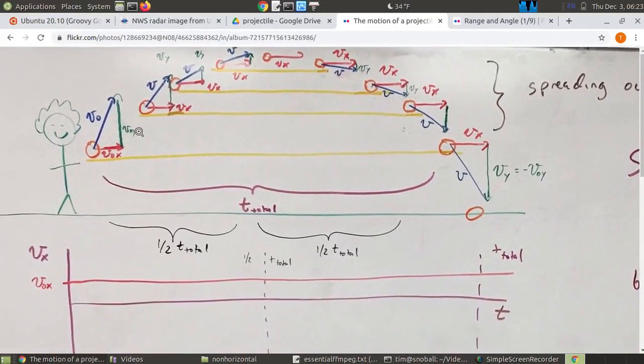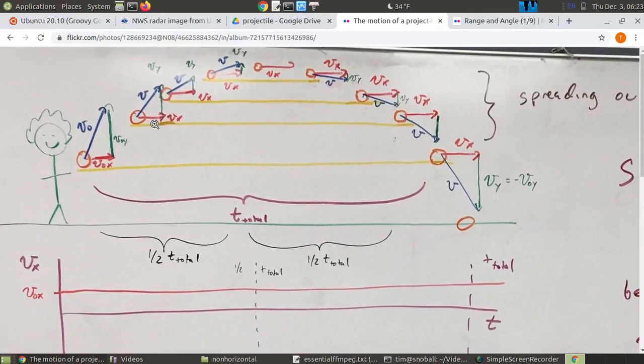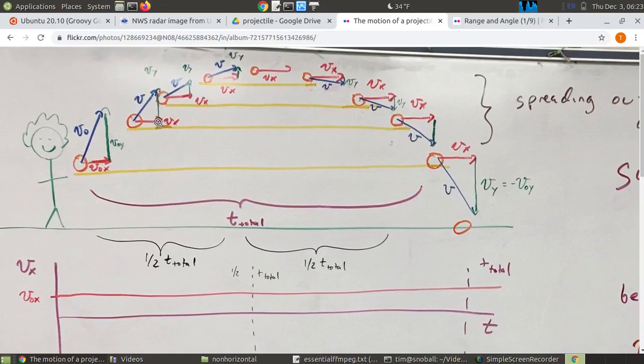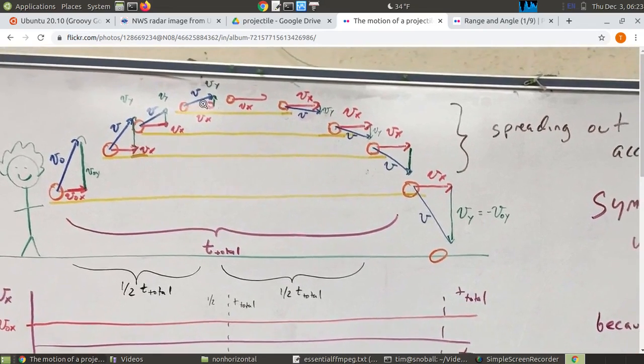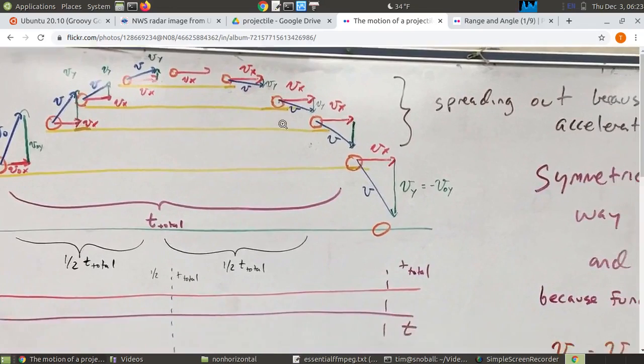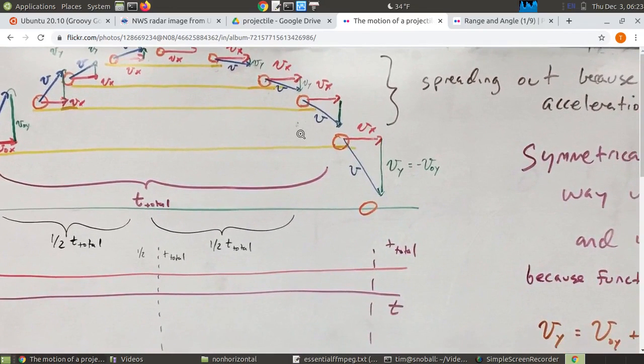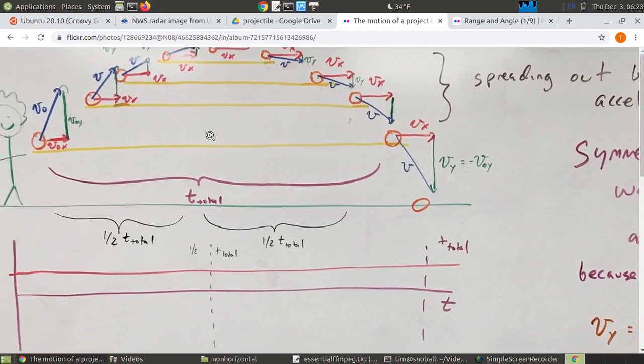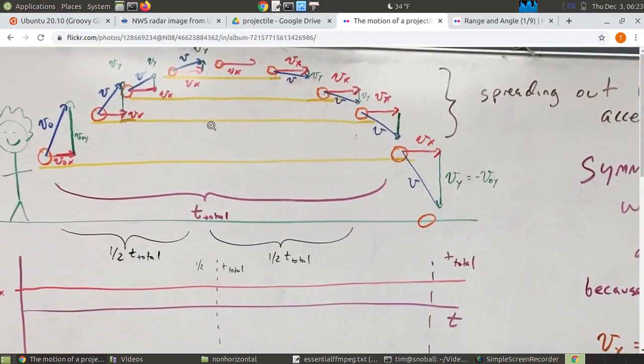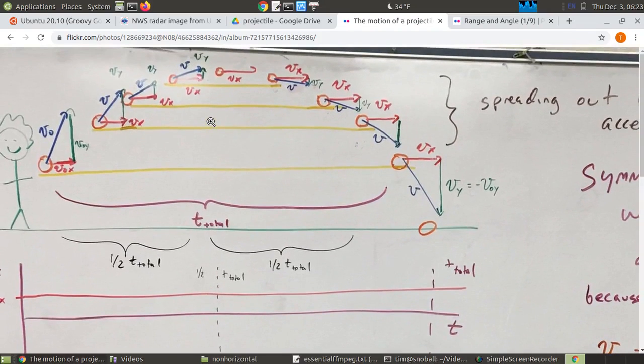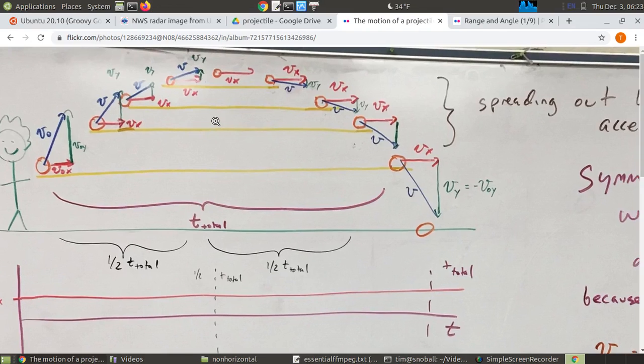There was a lot in this video, so I want to summarize it. Hopefully you saw that the y velocity is symmetrical throughout the flight. The positive y velocity decreases to 0 and then increases to a negative version of the velocity as you go through the flight. Interestingly enough, it's going to land at exactly the same speed it was launched from, because Vy will now be the opposite of Voy, and Vox will be the same.